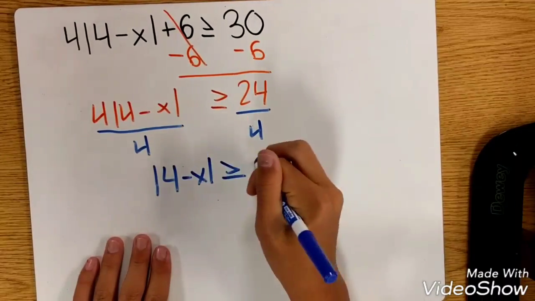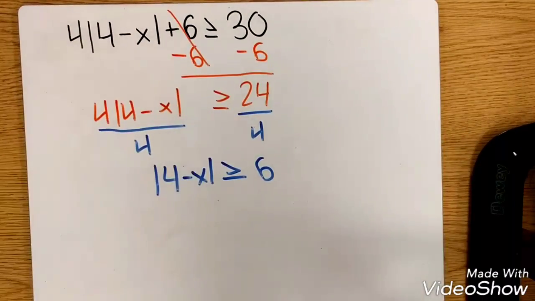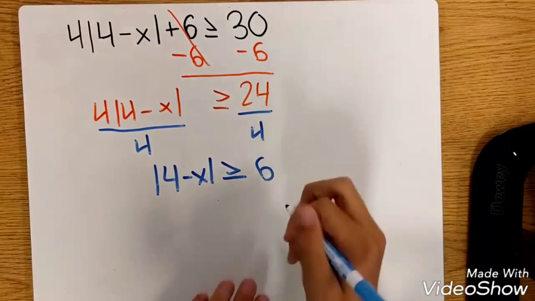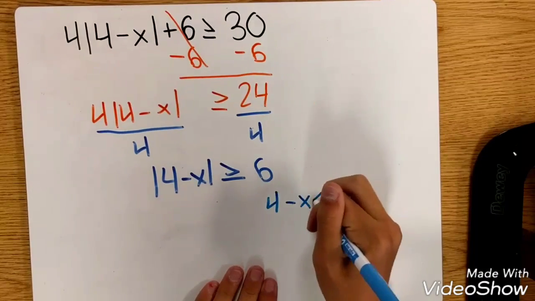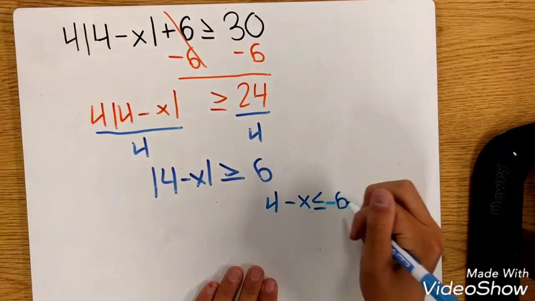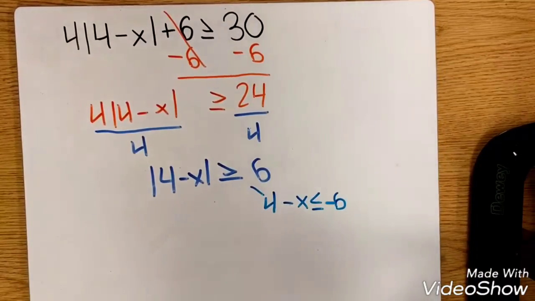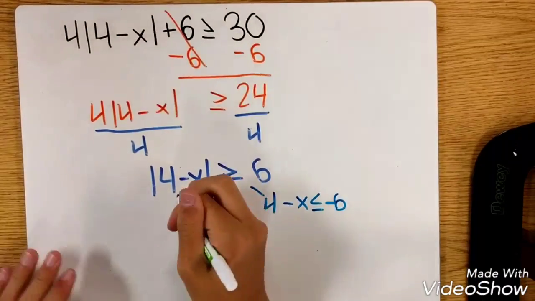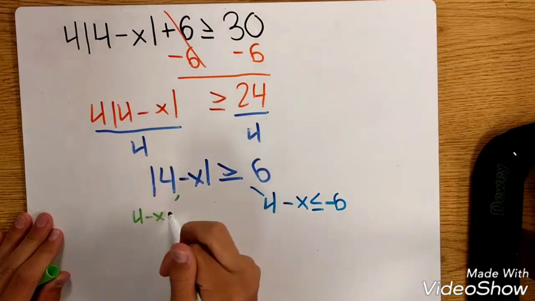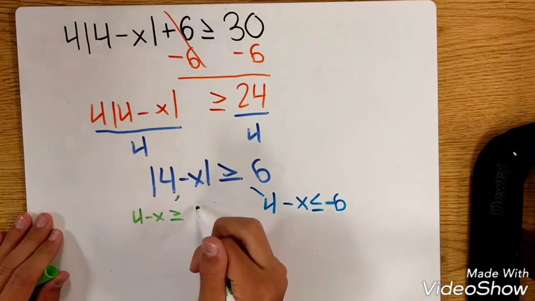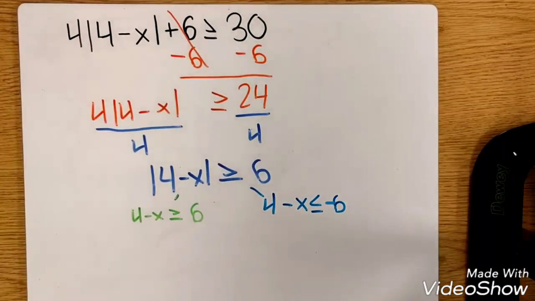This gives us the absolute value of 4 minus x is greater than or equal to 6. We then branch out this problem to 4 minus x is less than or equal to negative 6. The other problem is 4 minus x is greater than or equal to 6.